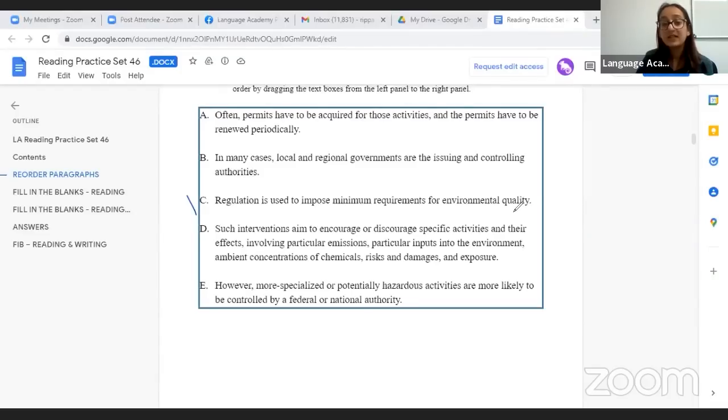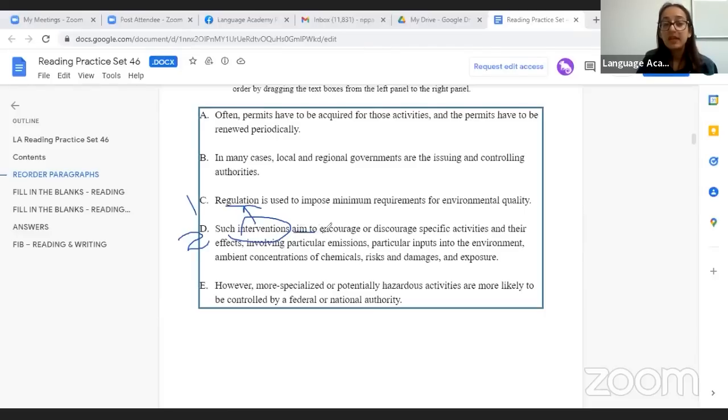There was a sentence which was further explaining that. The sentence was D, but I think you did not understand the meaning of interventions. Intervention only means regulations. That was a correct pair because of direct reference. Such intervention, meaning such regulations, aims to encourage or discourage specific activities and their effects involving particular emissions, particular inputs, and all these things.